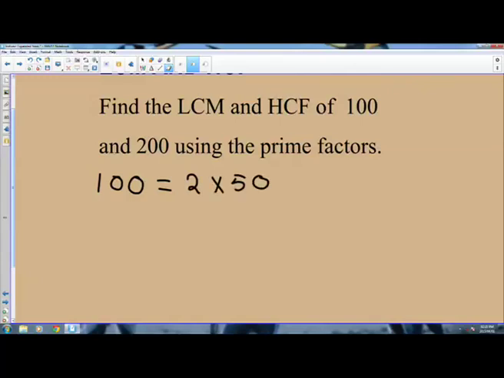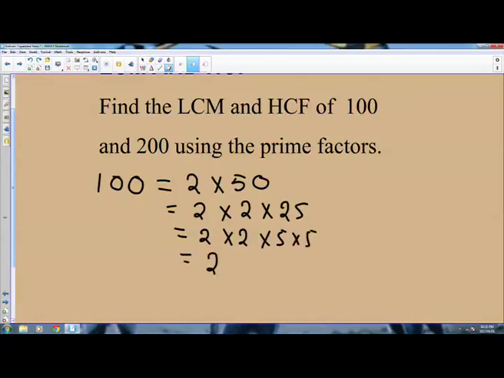And then this will be 2 times 2 times 25. This will be 2 times 2 times 5 times 5, which is 2 squared times 5 squared. So we have managed to express 100 as a product of its prime factors.